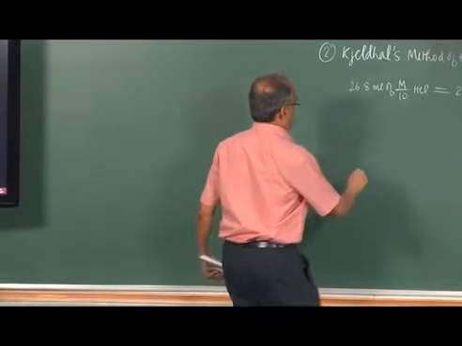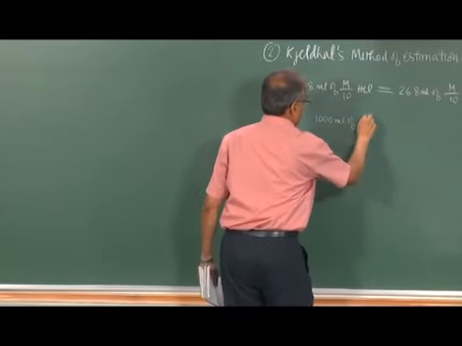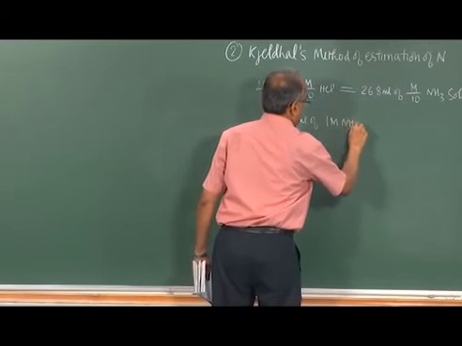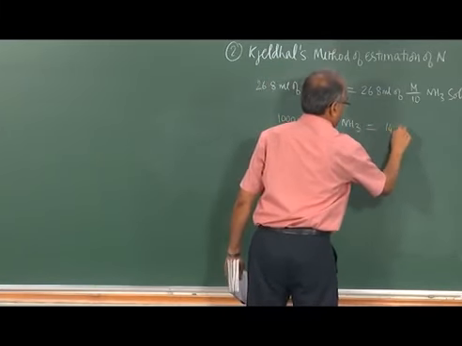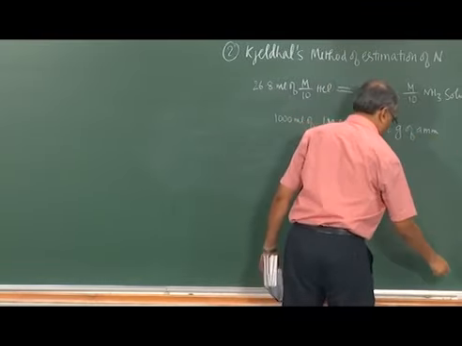We know that 1000 ml of 1 molar ammonia corresponds to 14 grams of nitrogen.